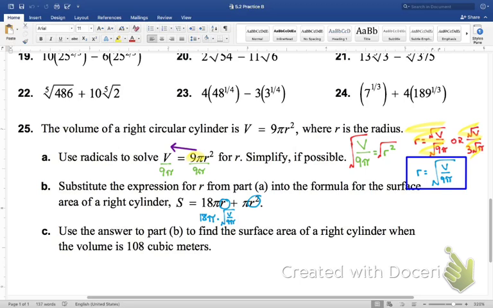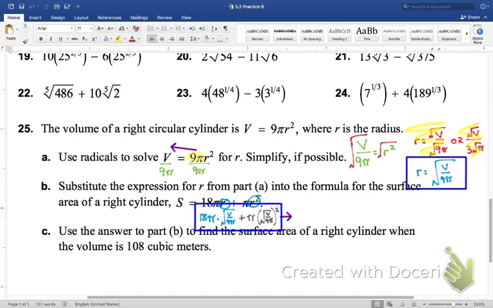Now, on the second part where it's plus pi times everything squared, or V over 9 pi. Now, what I would do, just to simplify it for the third part, where I need to plug in my value for the volume, you could leave it like this and it would be okay.